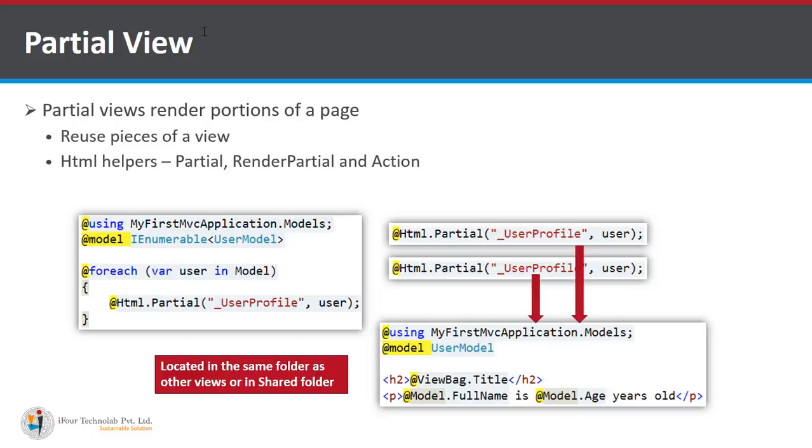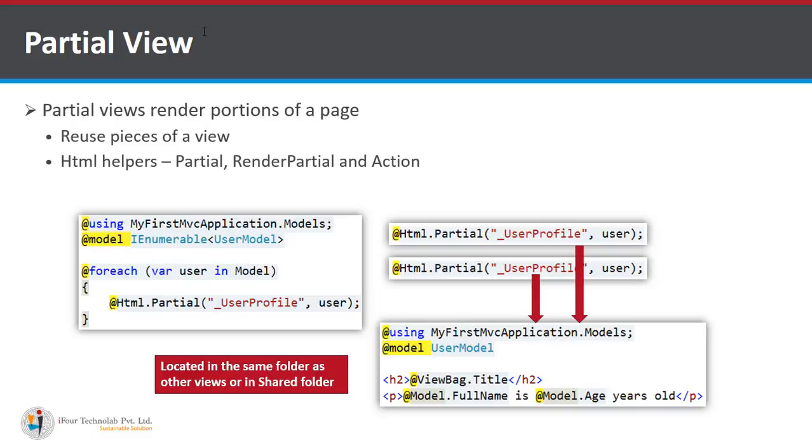Partial view renders a portion of a page. It reuses a piece of a view. HTML helpers are Partial, RenderPartial and Action. Here you can see inside a for loop there is Html.Partial UserProfile, user. Now, what is UserProfile? UserProfile is the name of a partial view, and what I am passing is the user model.